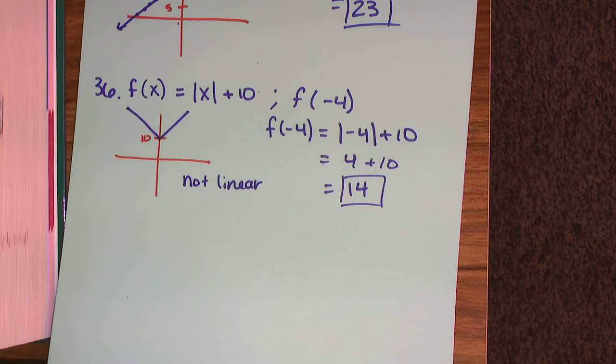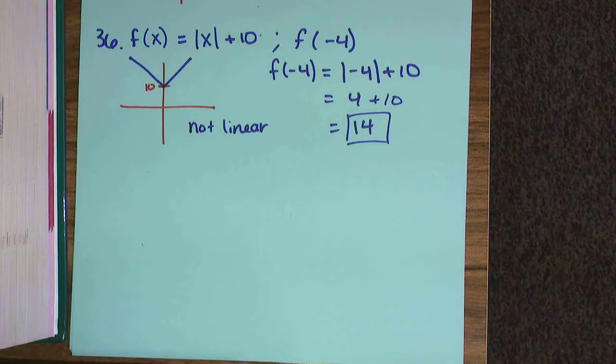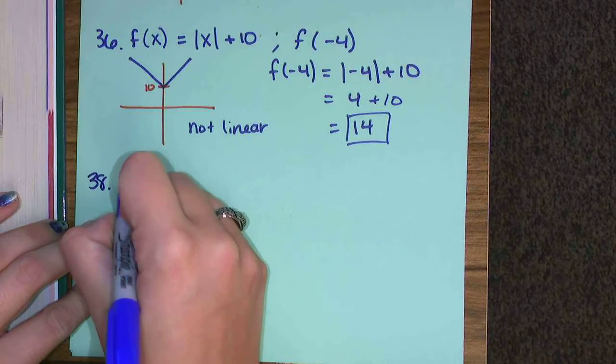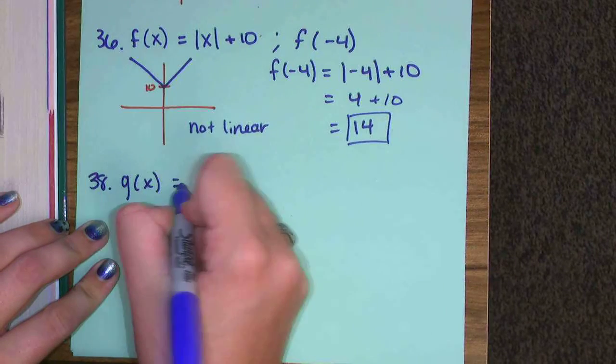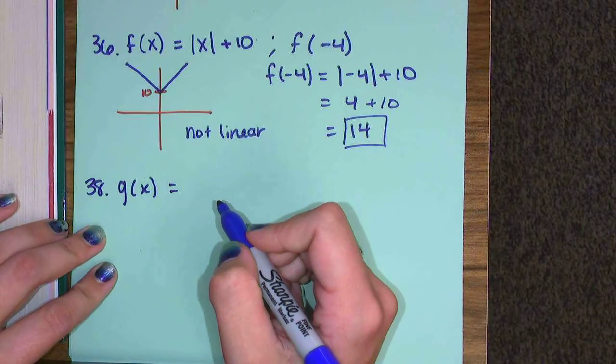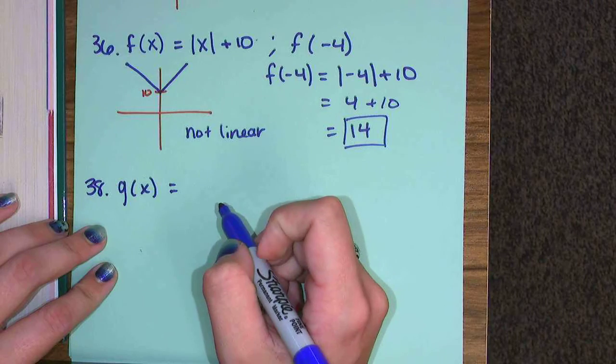All right, another one, really quick, just to make sure we're good. This will be the last one, unless y'all have questions. Then obviously we can do another one. Number 38: g of x. This means the same thing as f of x. Those are 2 common functions. Don't let the g throw you off. It means the exact same thing.